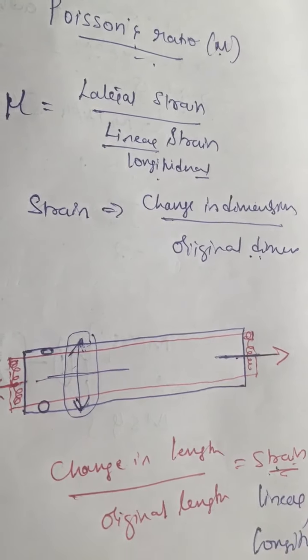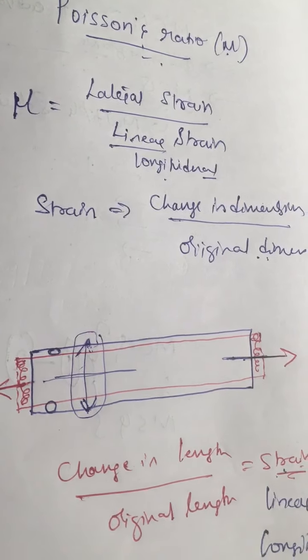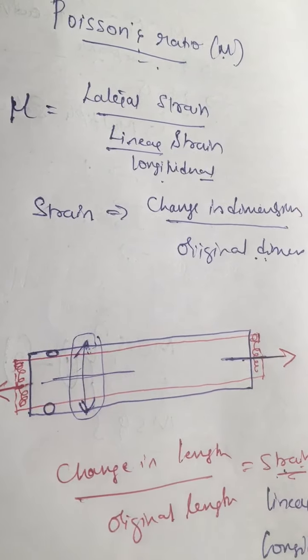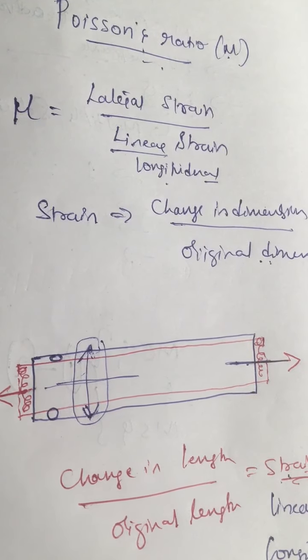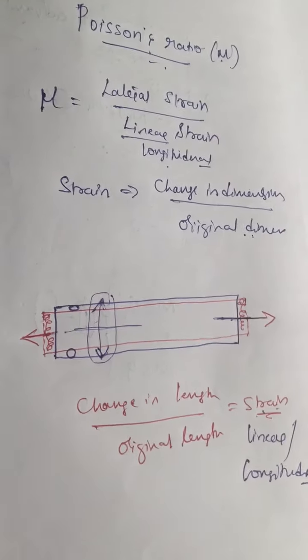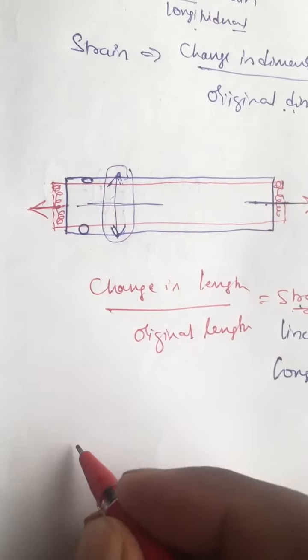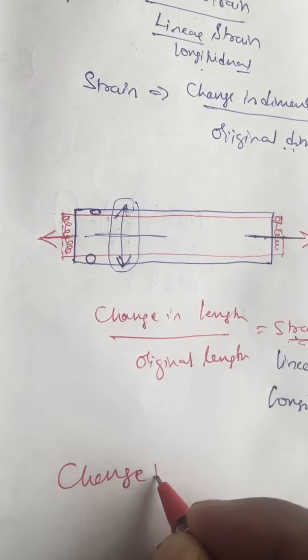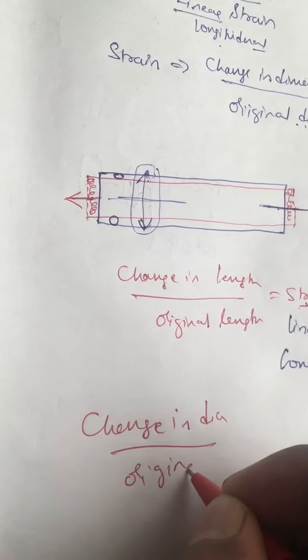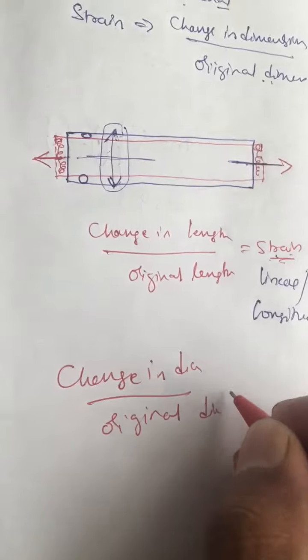That means lateral strain is nothing but strain in the perpendicular direction to applied load. In the perpendicular direction, the strain is defined as change in dia to original diameter.